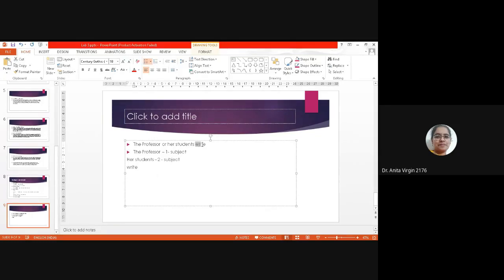It is close to the second subject, isn't it? This is the first subject, this is the second subject, and this verb is very close to the second subject. So what they're saying is, if you have or, then this verb will agree with the subject which is very close to it. So it has to agree with her students.